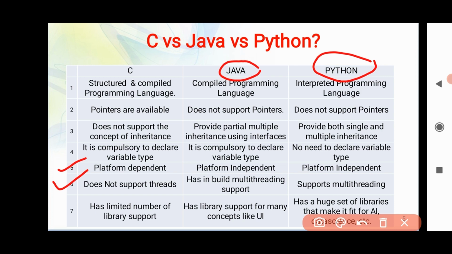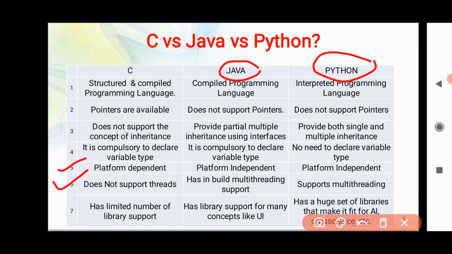That means a program under execution is a process. That process can be divided into different small parts, and each part can be called a thread. That concept is called multi-threading, which is not supported by C, but yes, it is there in Java as well as Python.